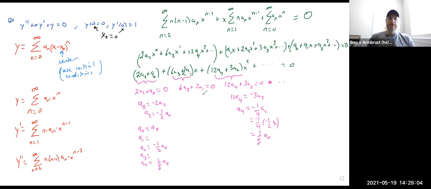Now, A1 is another free choice. A1 can be anything I want, because when I come here, notice A1 is not dependent on A0. So I'm just going to call it A1. But once I know A1, I know what A3 is going to be. It's going to be minus 1/3 A1. And you know what? We're going to do another one just because. Let's get an A5. If we move to the next term and go back through the power series and plug it in, you're going to get a 20 A sub 5.